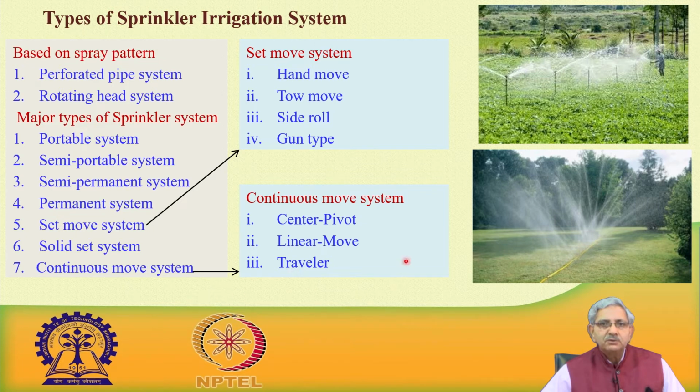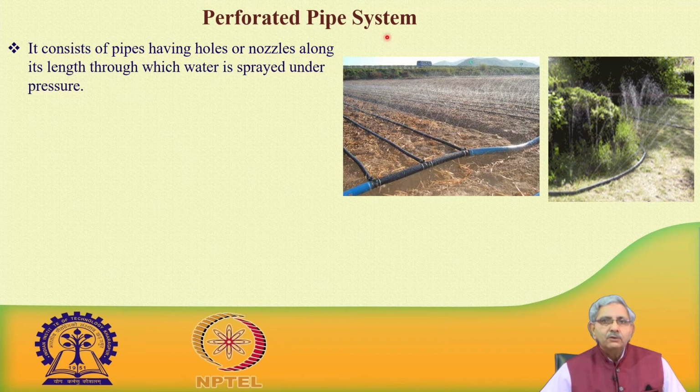Such systems include linear move, traveler move, or central pivot, which is a circular movement. You can see here the perforated pipes, where water is emitting out of the perforated pipes.